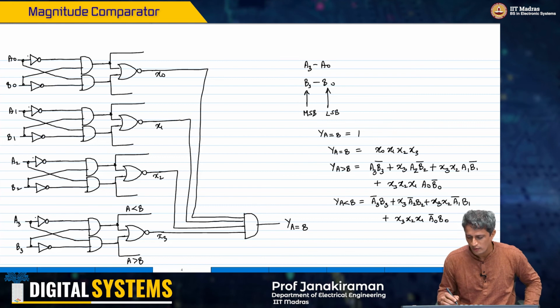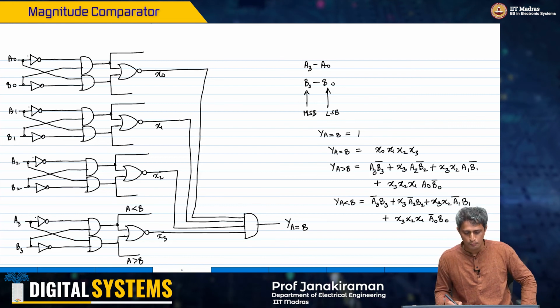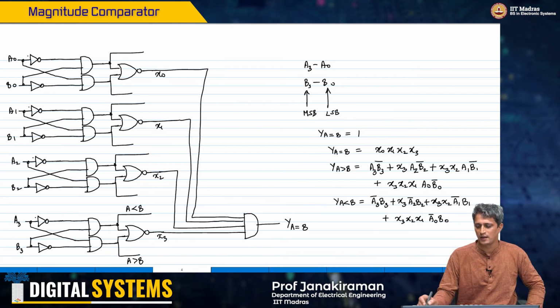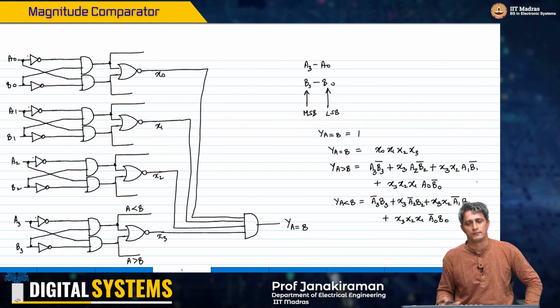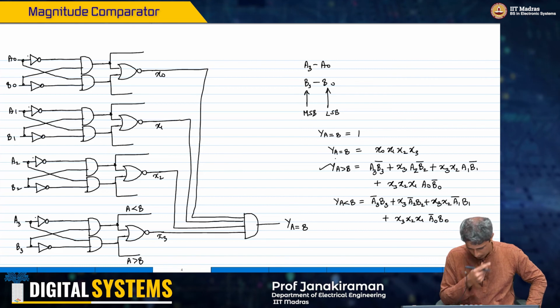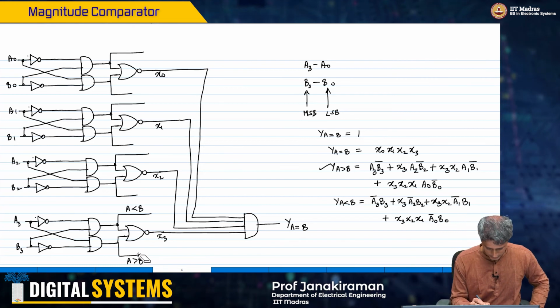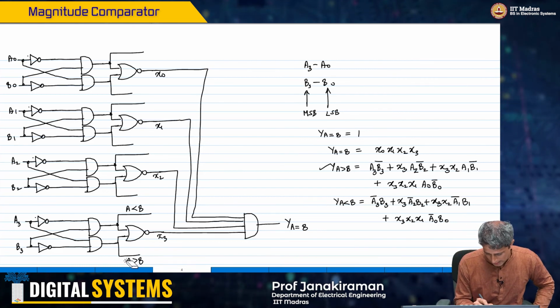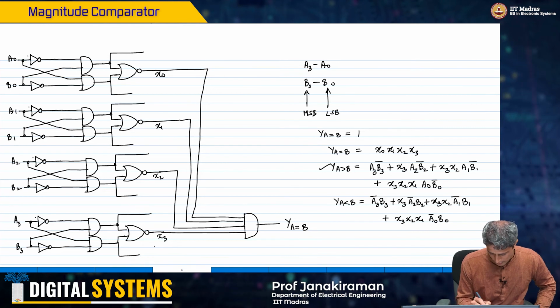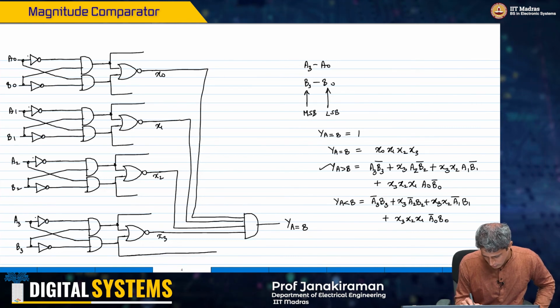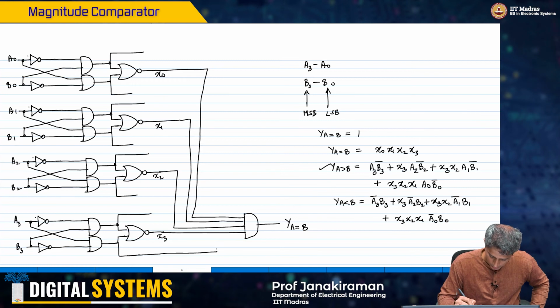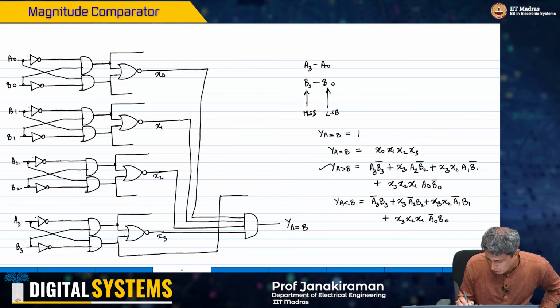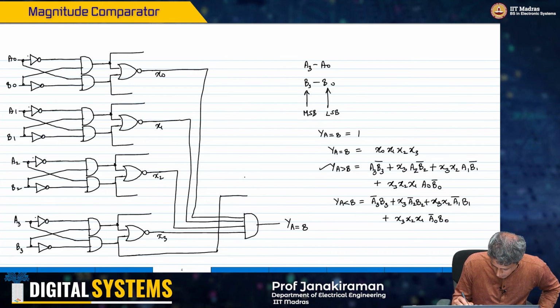Okay. So, effectively what I need to do now is to implement exactly this particular case on the left hand side here, right. So, let us start with this expression. The lower one is going to be A greater than B. Okay. So, I will just run that line here. I am going to give this input to a huge OR gate.